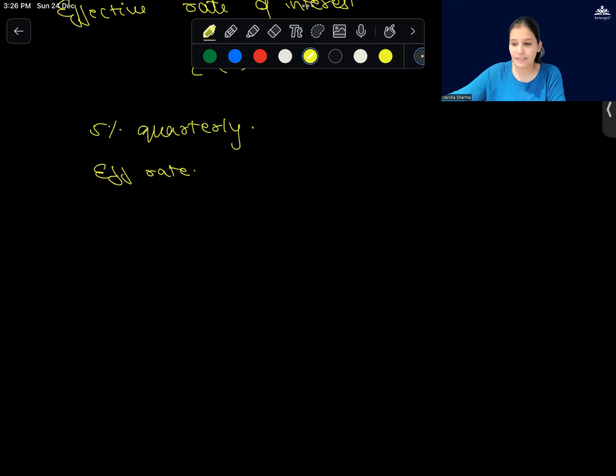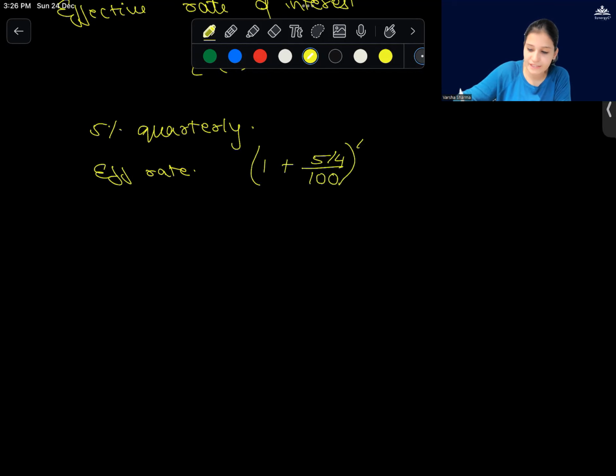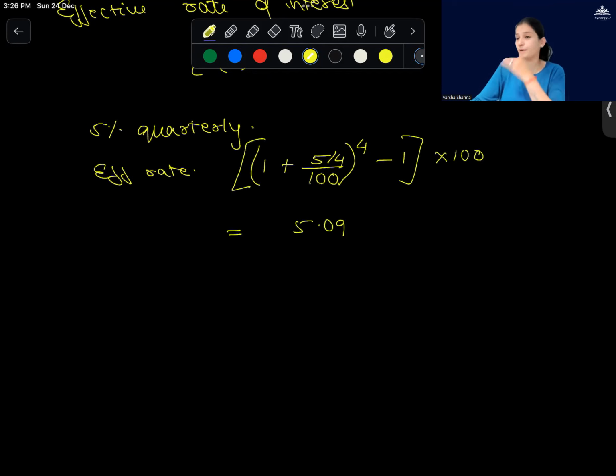Then subtract 1 to get the compound interest. Then multiply with 100. What's the answer? 5.094. First dividing it by 4, then by 100, then adding 1 to get the compounding value, 4 times in 1 year, subtracting 1 to get the compound interest, and into 100 to convert it into percentage format. So it's 5.09% annual. Clear? Done? Tricks.